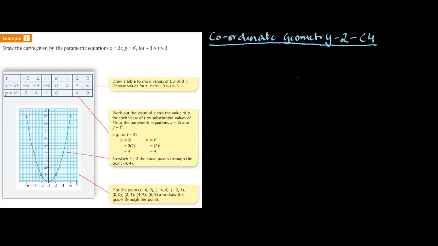Alright guys, right now we're going to move on to chapter 2, which is essentially coordinate geometry. Coordinate geometry, right? And what we're essentially going to be talking about over here is the t-axis.